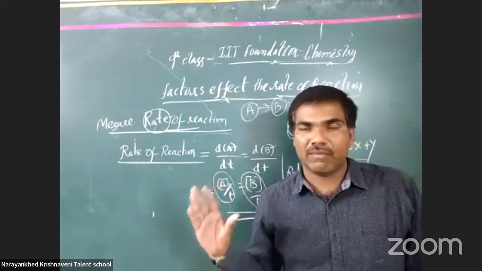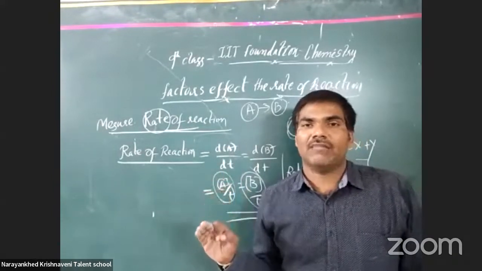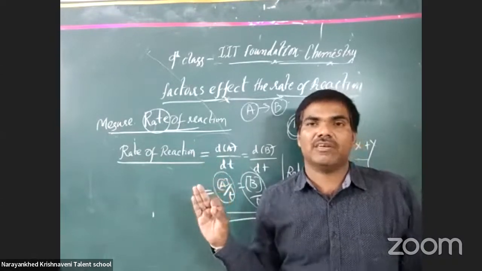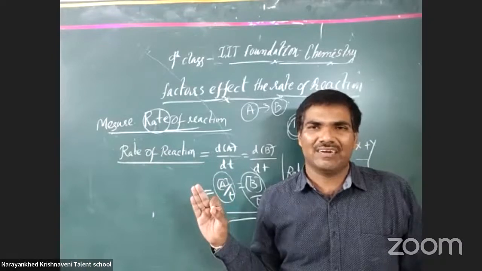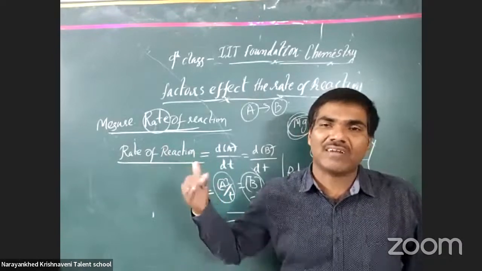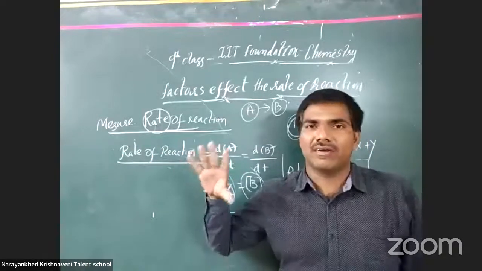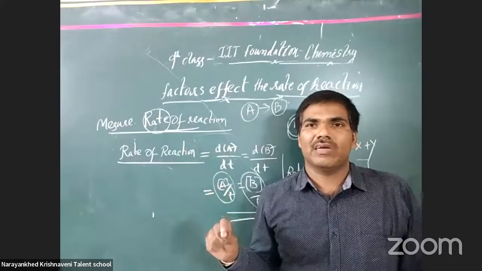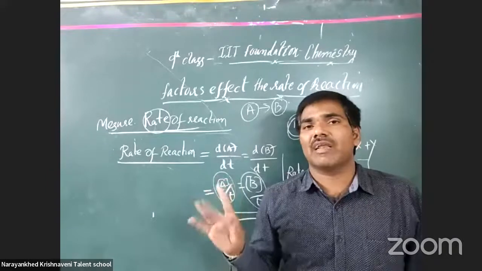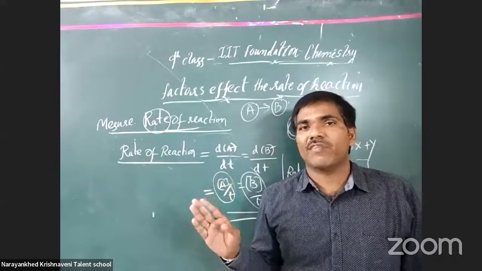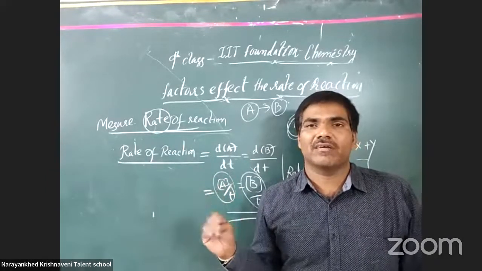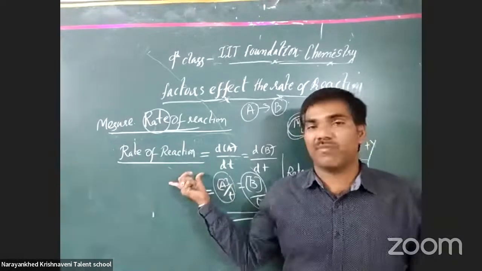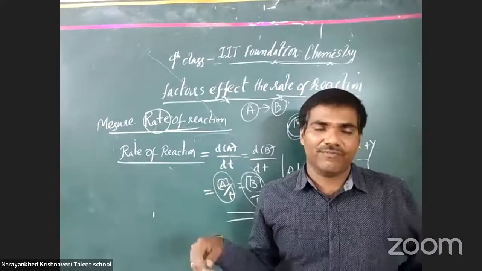What is chemical kinetics, and what are the applications of chemical kinetics? What factors affect chemical kinetics? How do we measure it, and what are the requirements for measuring? And what are the fundamental formulas for the rate of reaction?